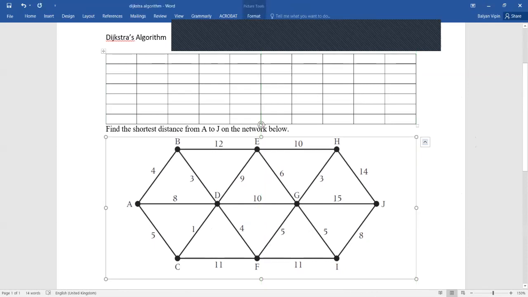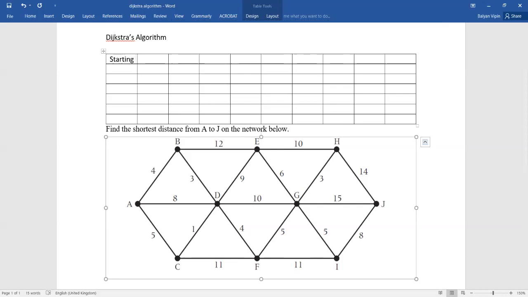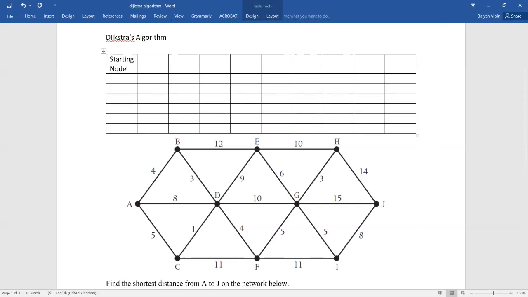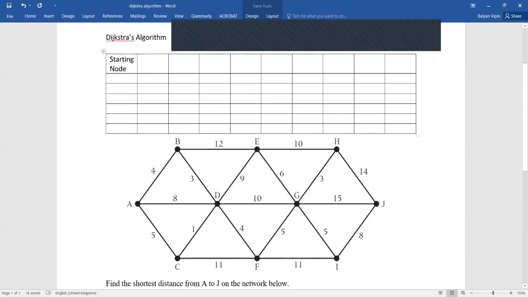So the first thing which you are going to write for the Dijkstra algorithm is that you will mention your starting point or starting vertex or starting node, whatever you want to use. So starting node, then you will write all the nodes which are possible in the network.